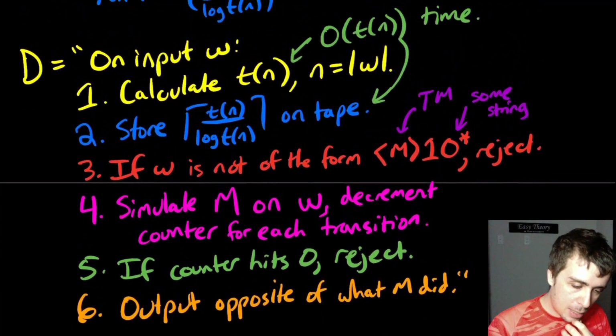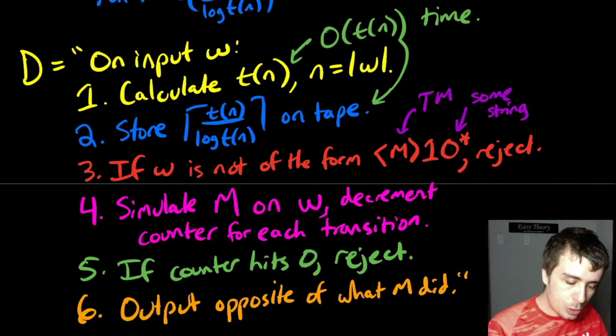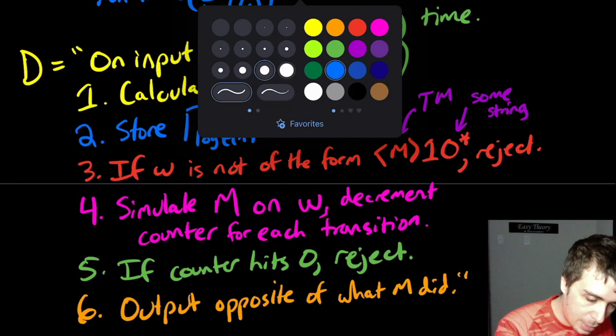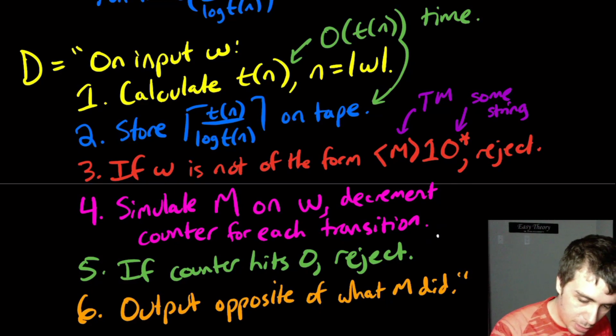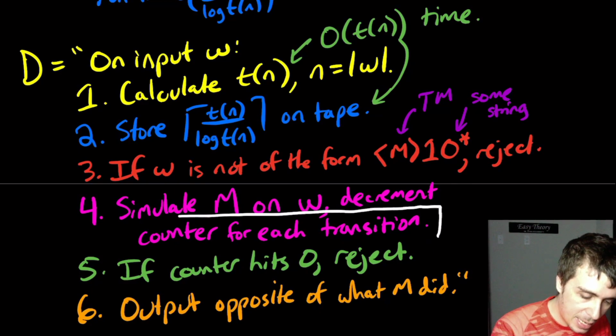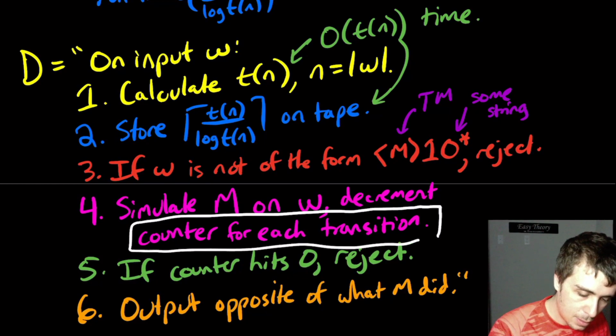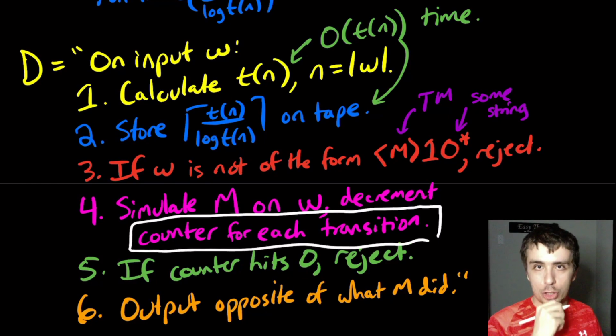So the really hard part here is to be able to do this part right here. It's this part right here. So it's decrementing the counter.